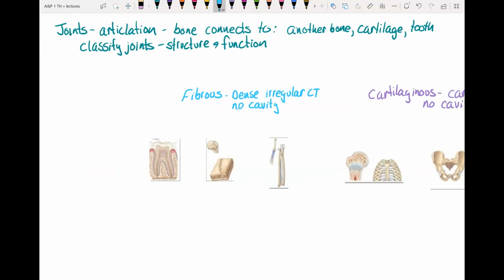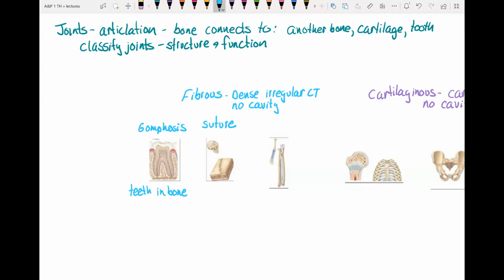If we go back to the fibrous, you can see we have three different types of fibrous joints. The first one is gomphosis. This is the joint that holds your teeth into your jaw. Next is the suture.